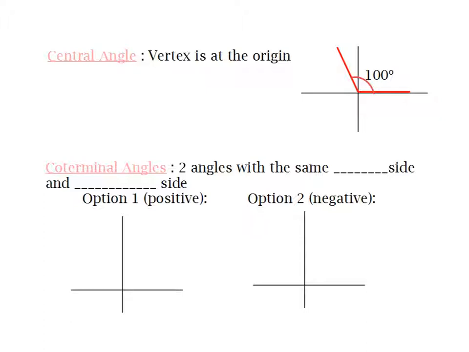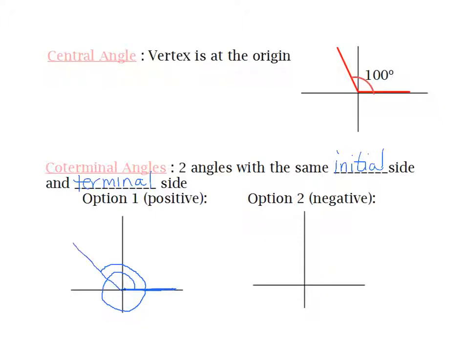Two angles with the same initial side and the same terminal side. How could we come up with an angle that looks different than that one? Well, it has to do with that rotation that I was mentioning. I could still start right here, and I could take my terminal side and start moving it over here towards 100, but keep it going and going, all the way to 360 and keep on going, and finally stop.